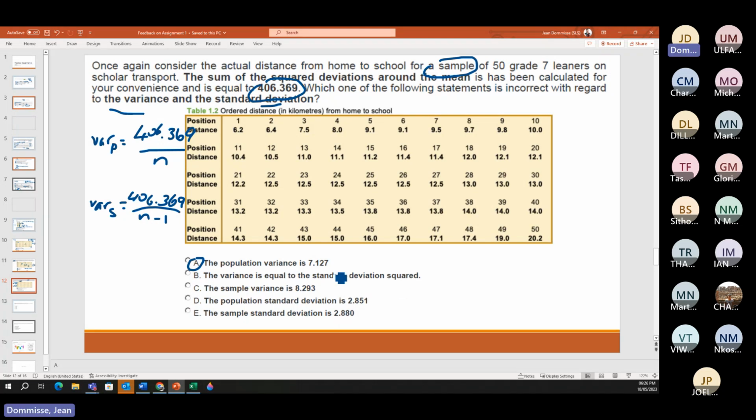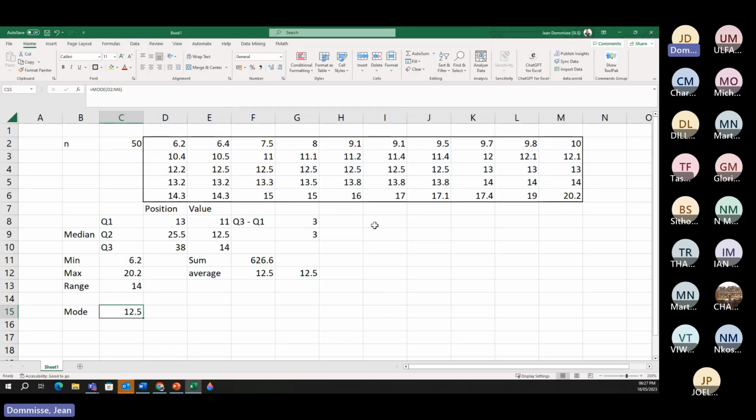Okay, which is, wait. So let's first check if I'm not making sense. The population variance is that. 406.369 divided by 50. What is going on with my calculator?